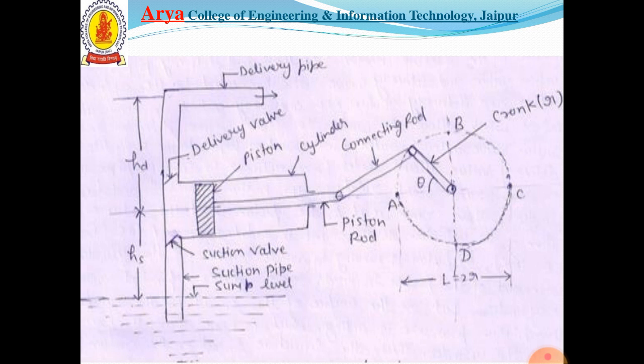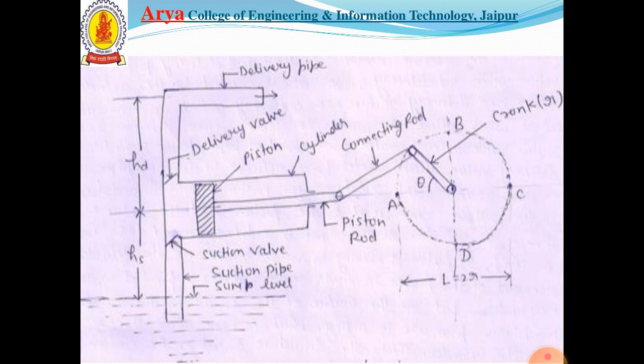When the crank starts rotating, the piston moves to and fro in the cylinder. Considering that the crank is at position A, the piston is at the extreme left position in the cylinder. As the crank rotates from A to C, from 0 degree to 180 degree, the piston is moving right in the cylinder.